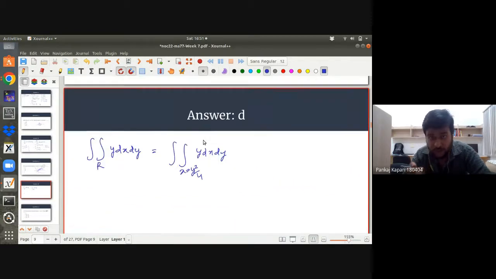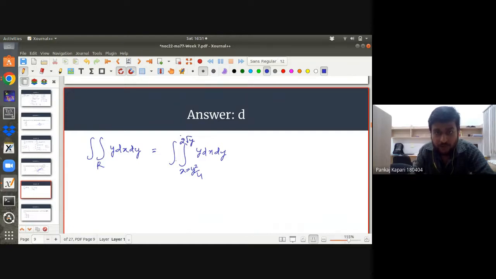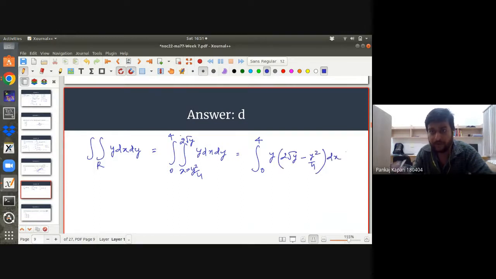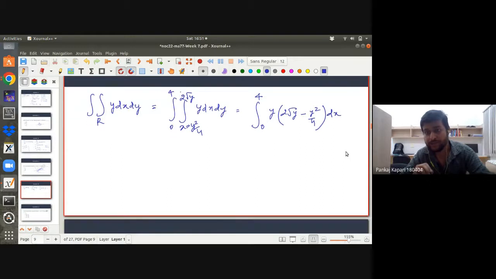It's twice root y. And then y varies from 0 to 4. Okay, so we are integrating first with respect to x, so y will come outside, and we have 2 root y minus y squared by 4 dx. So this is our integral.